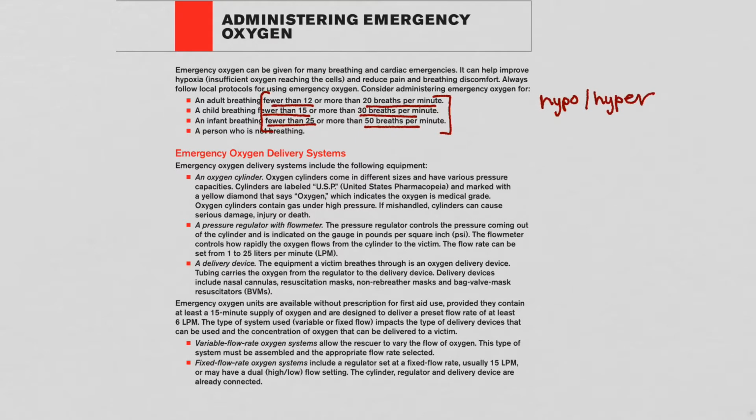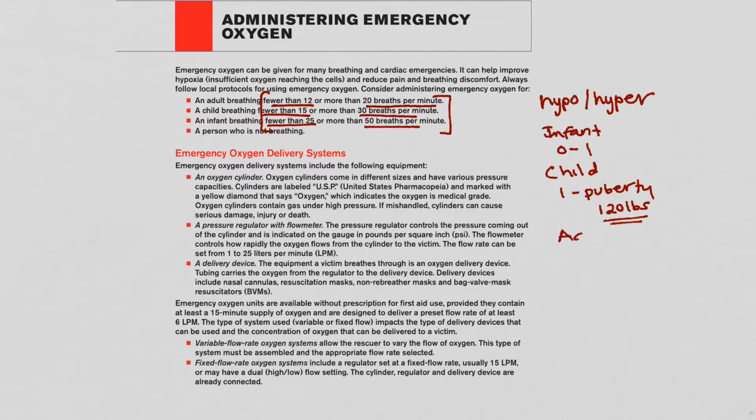So an infant is considered anyone between the ages of 0 and 1. A child is then considered anyone between the ages of 1 and puberty, or if you want to put a weight on that, about 120 pounds, right? Because the reality is we do have children who are obese, and so if that's the case, then we would use maybe a pound threshold.